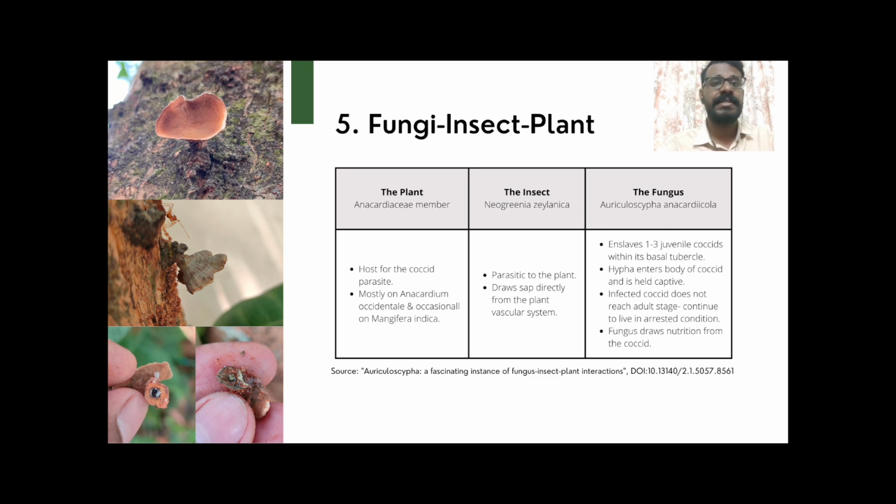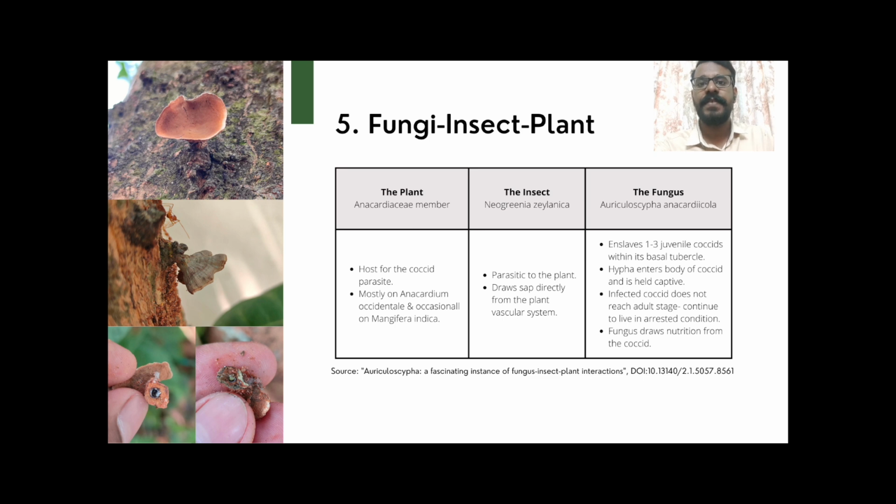Now, what the fungus does is trap these insects on a basal tubercle or a basal chamber, and these juvenile coccids are not allowed to reach maturity. Meanwhile, the fungus will draw nutrients from these coccids. So they will trap the juvenile coccids, draw the nutrients from them, and not allow them to reach maturity.